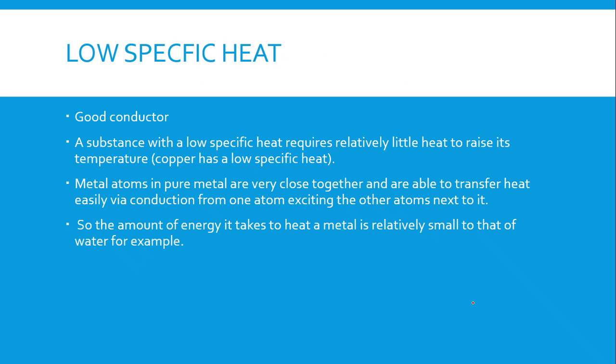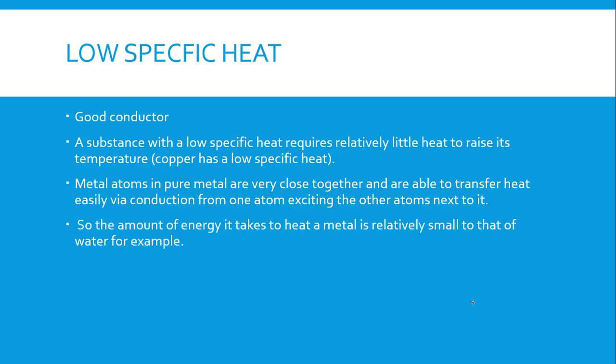Okay, now we're talking about low specific heat capacity. If you imagine an object with low specific heat capacity, you are thinking of something that requires a lesser amount of heat but gets heated up easily. So if you think deeply, that's basically the definition of conductors.